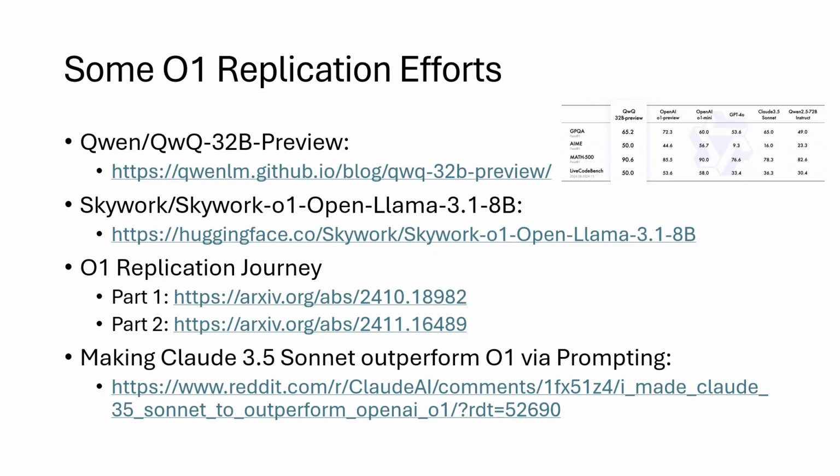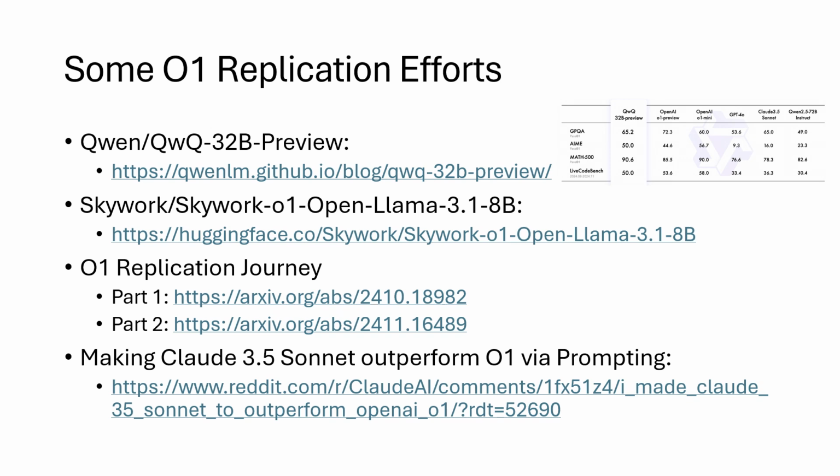Over time since I released this video, the open source community and many companies have tried to replicate the success of OpenAI O1. Here I just name a few. Alibaba developed the QwQ 32 billion preview model, which is available on Hugging Face.